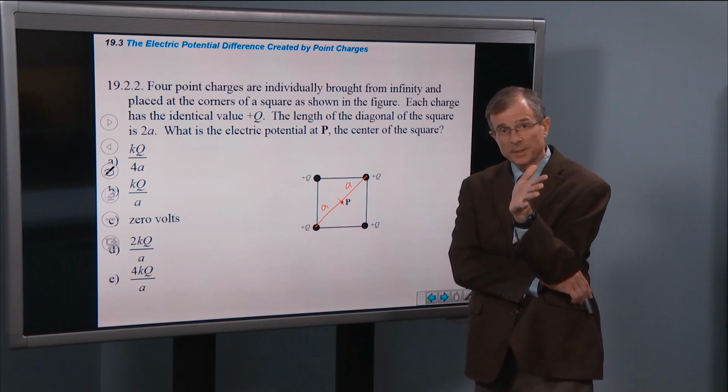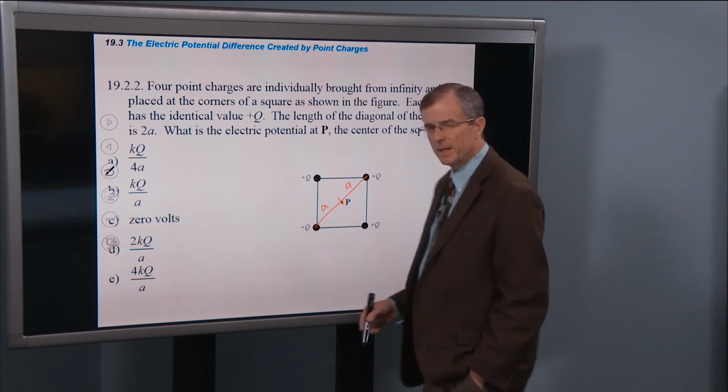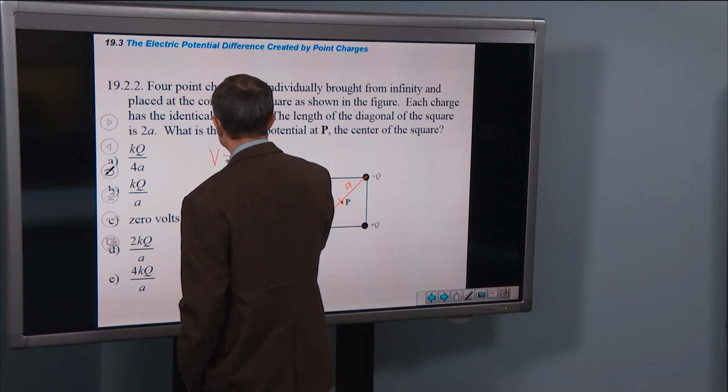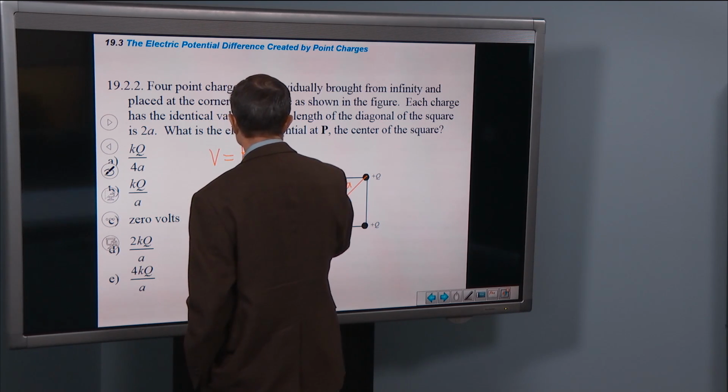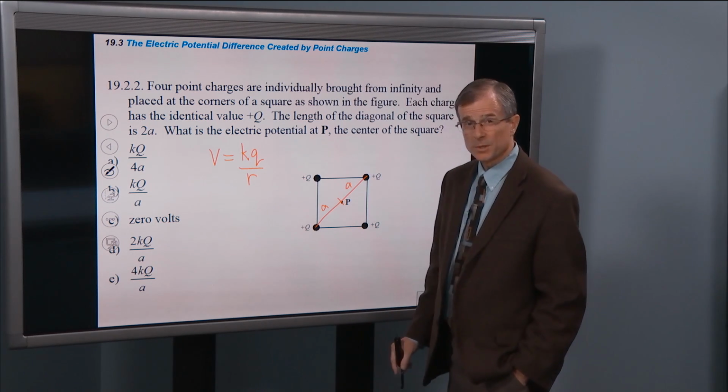Well, good question. How are we going to do it? We know how to deal with one charge, that the potential due to one charge is kq over r. But what about four charges?